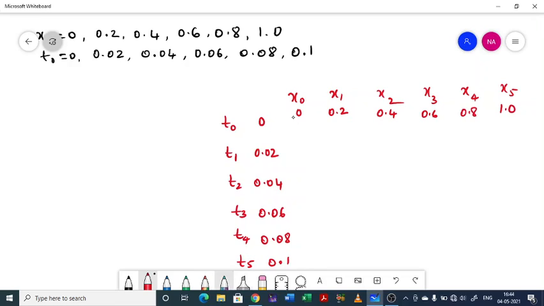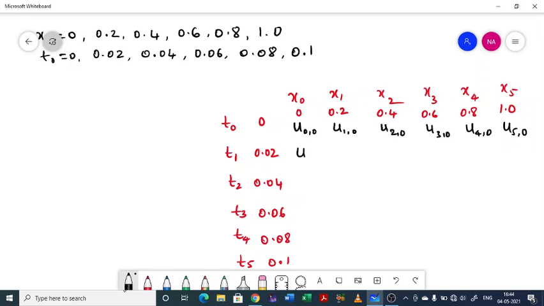Okay, we had to write the values u 0, 0, u 1, 0, u 2, 0, u 3, 0, u 4, 0, u 5, 0. That is the first row.